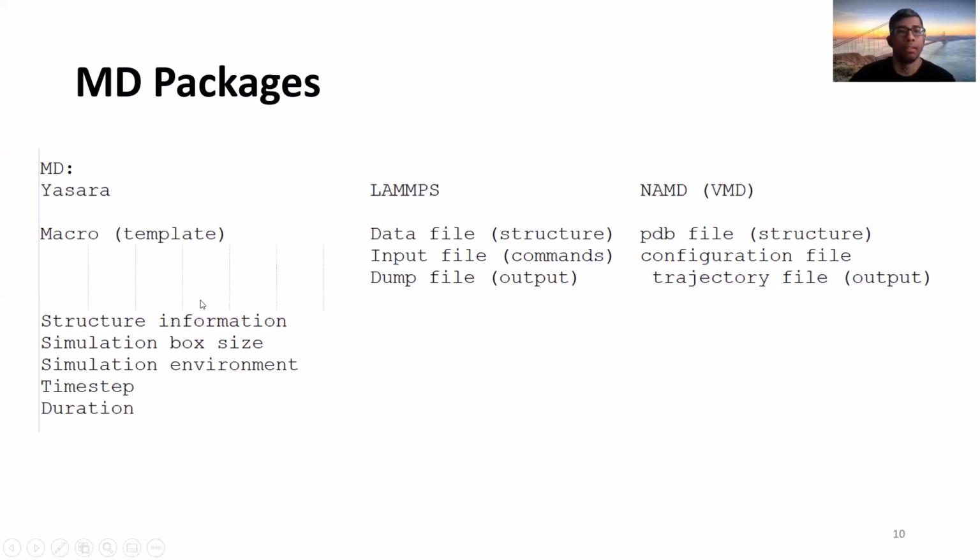So in these molecular dynamics simulation packages, you are giving the system the structure information, and in the input file or configuration file, you are setting up the simulation box size and the simulation environment, what you want to do, the time step, the duration, all kinds of parameters. And as an output, you are getting the trajectory containing all the updated parameters or velocities or thermodynamic parameters that you wanted to calculate. So that's how, in general, molecular dynamics simulation packages work.